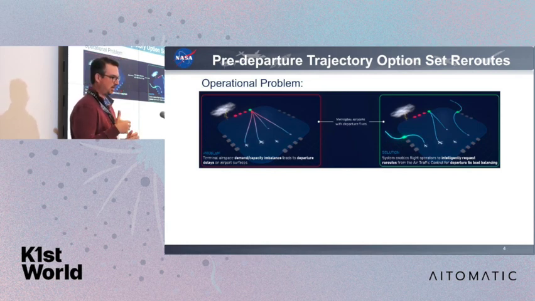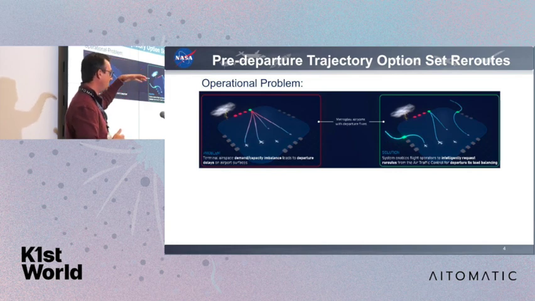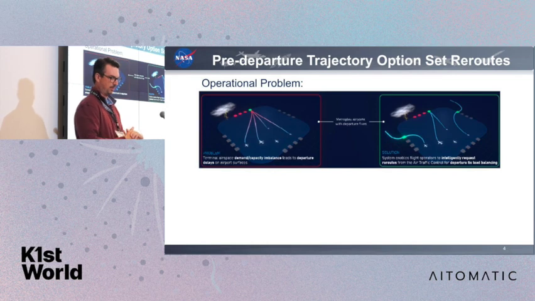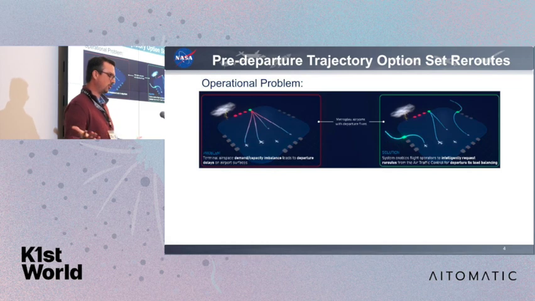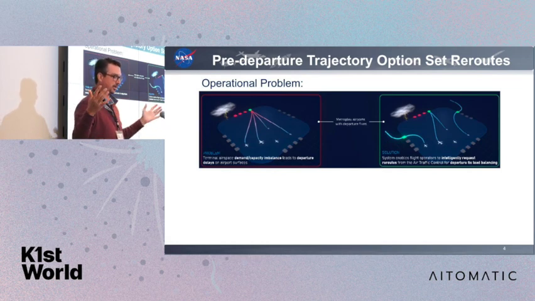What happens is you have a demand capacity imbalance along the terminal boundary, and delay starts to propagate back from the airspace onto each individual airport surface within that terminal environment. The solution, shown on the right, is that even though you have this imbalance along one piece of the airspace, there is available capacity in other portions of the airspace.